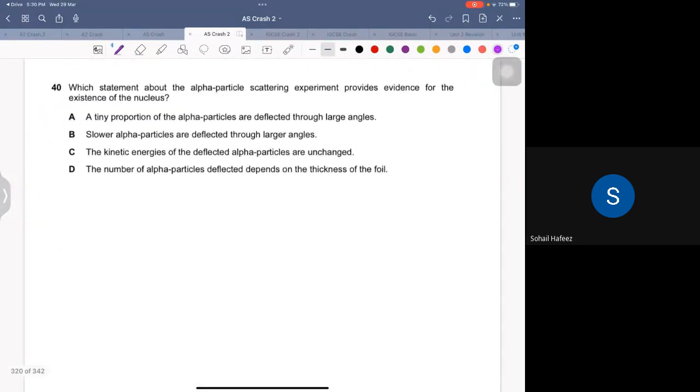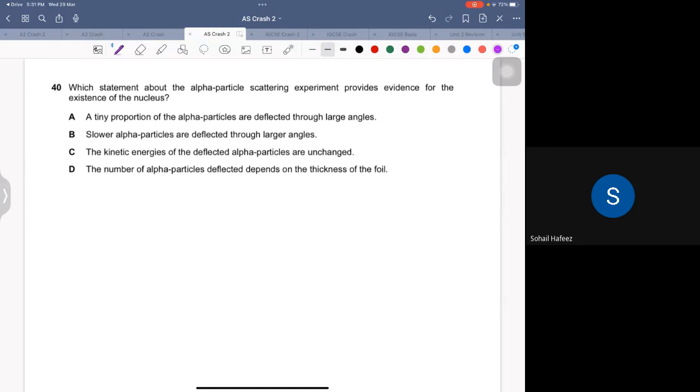And then, which statement about alpha scattering experiment provides evidence for existence of the nucleus? Yes, please. What do you guys say? This is very simple.